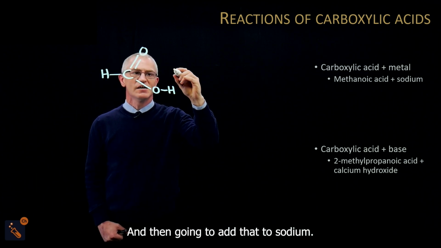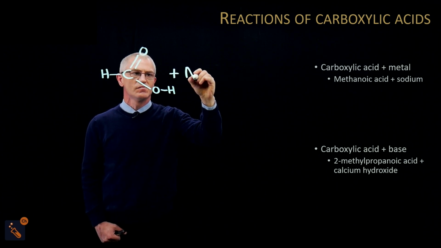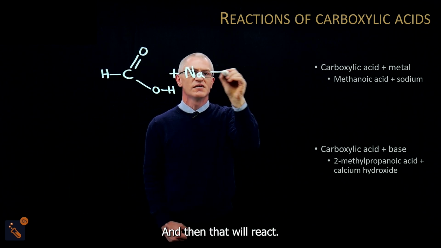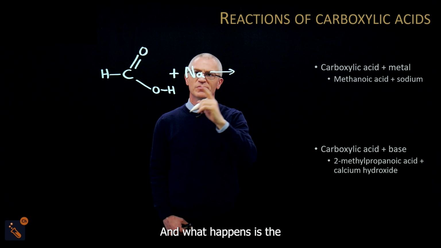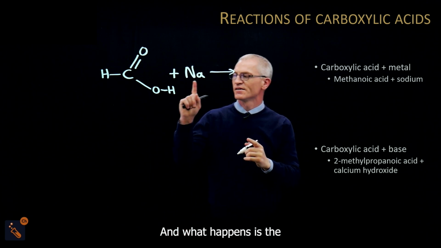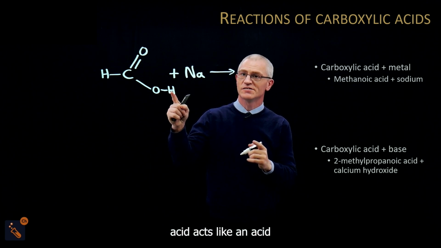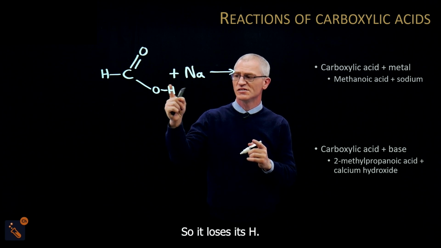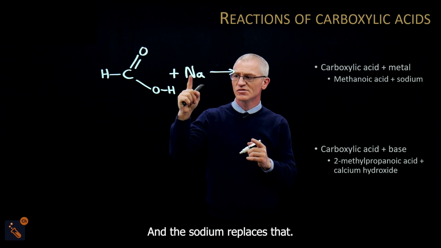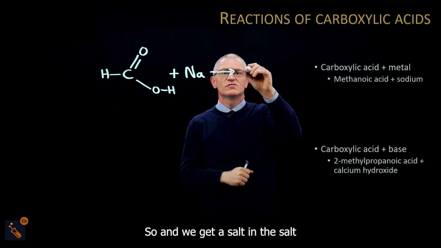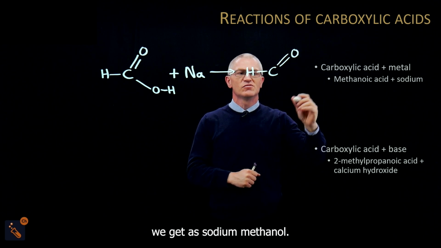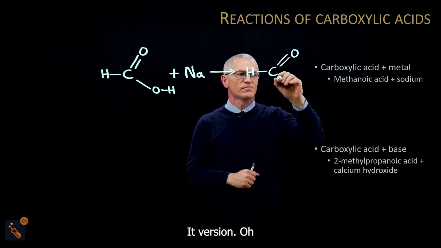We're then going to add that to sodium, and then that will react, and what happens is the acid acts like an acid and loses its proton, so loses its H, and the sodium replaces that. We get a salt, and the salt we get is sodium methanoate.